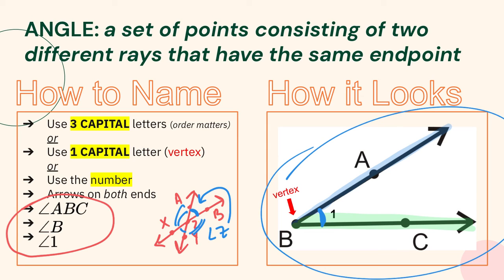The other thing to notice is that you have to put the vertex, which is the point in the middle where the rays connect, in the middle. So if you're using 3 letters, you have to put the vertex in the middle.